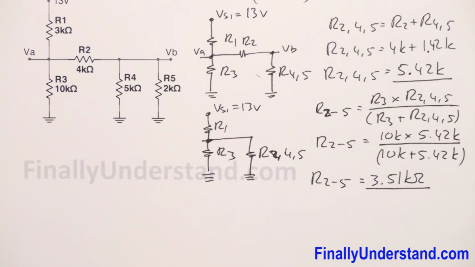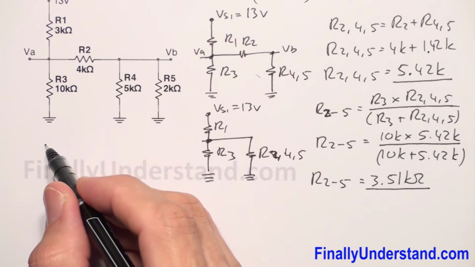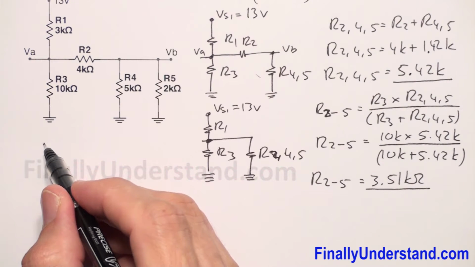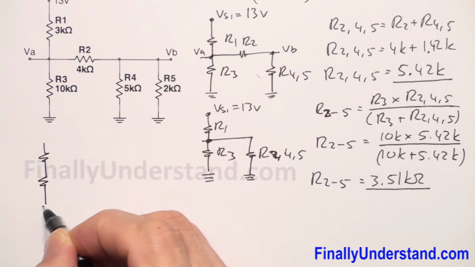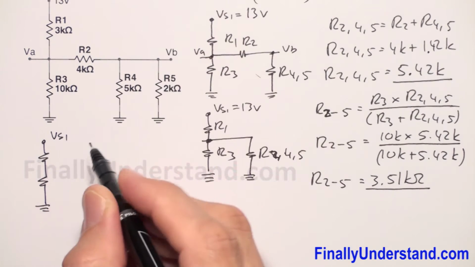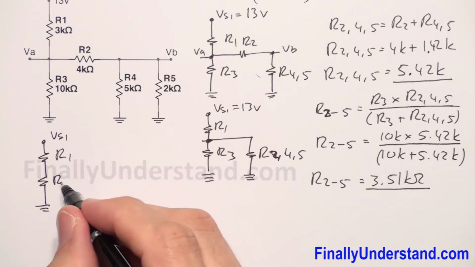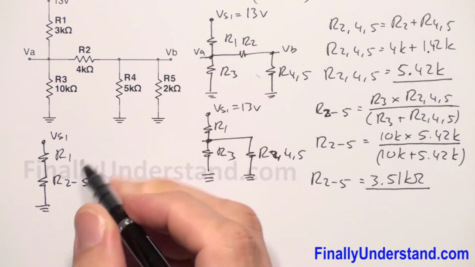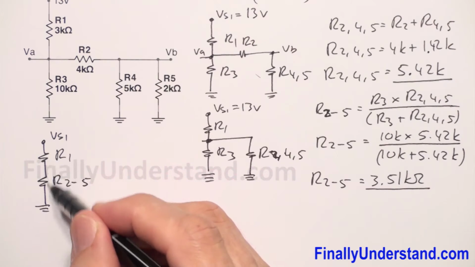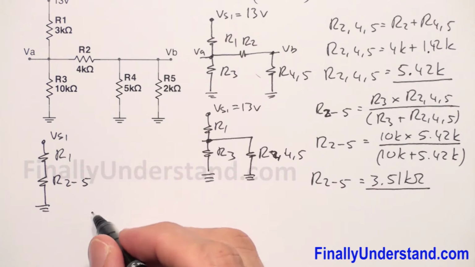Now we can redraw the circuit again, and the circuit is going to look like this. Let me draw this diagram over here. This is my voltage source 1, this is my R1, and this is R2345. As you can see, we have just two resistors and they are in series, and we can find the total resistance.